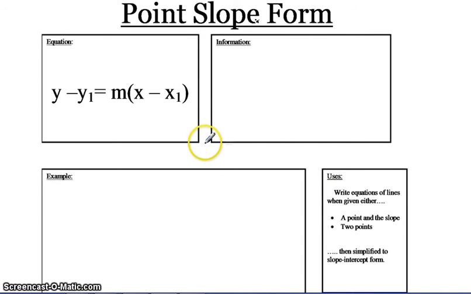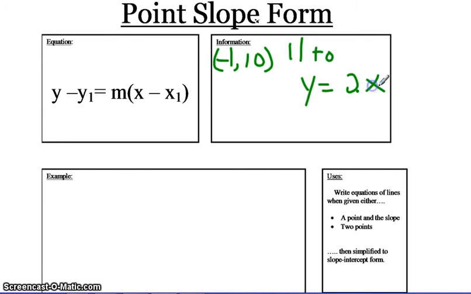What if we want to draw a line that contains a point and it's parallel to a second line? I have the point (-1, 10). And I want to write an equation of a line that contains that point and it's parallel to the line y equals 2x plus 2.